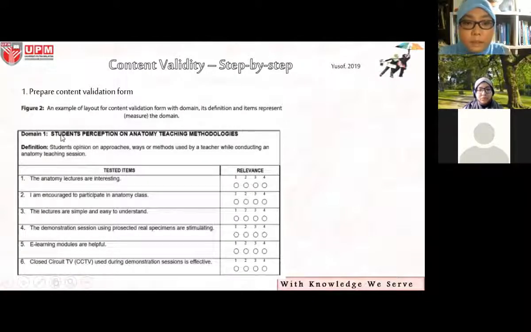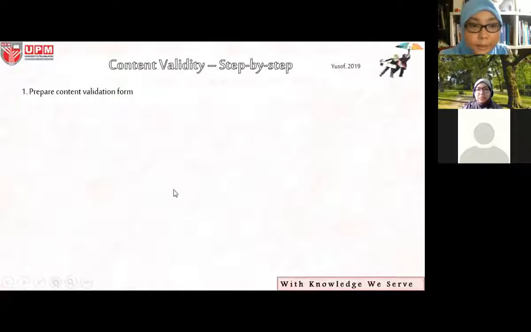Domain 1, which is variable 1, student perception on anatomy teaching methodologies, for example. So this is the operational definition; you provide the operational definition. And then this is the item that you collect, and you provide this scale: either this item is relevant to measure the indicated operational definition or not. So at least you ada idea sikit apa maksud content validity.